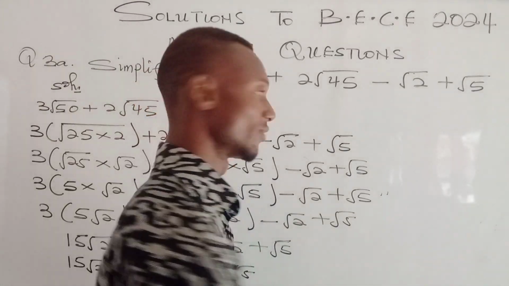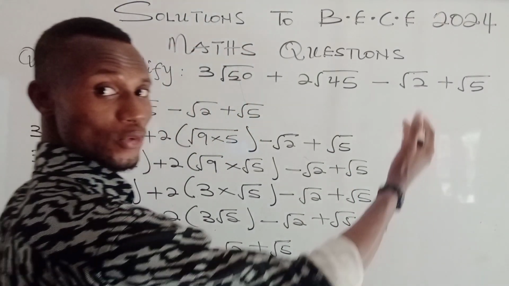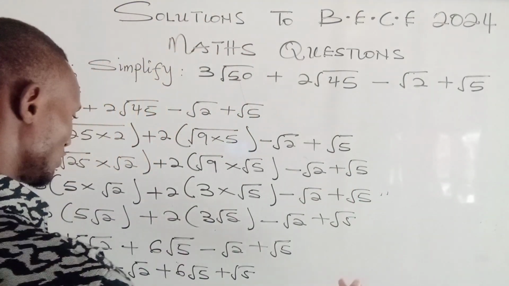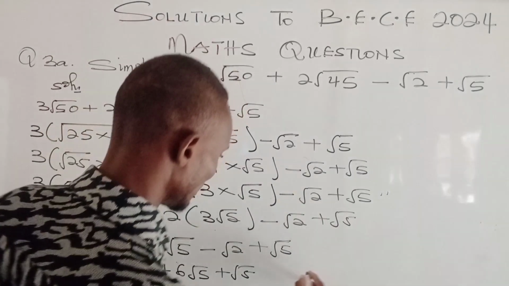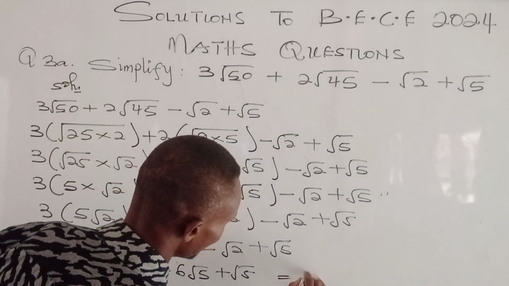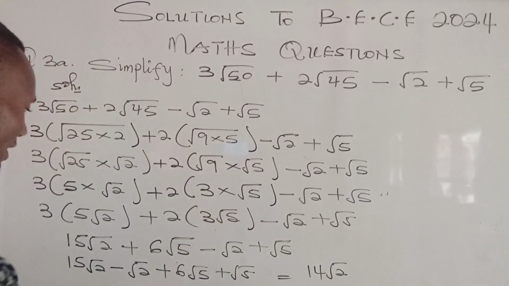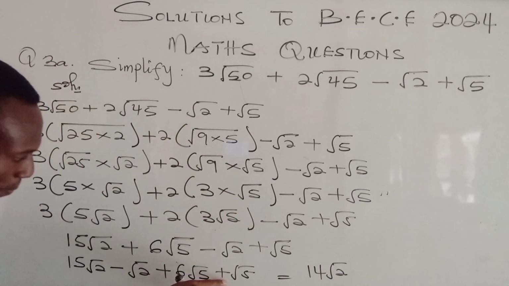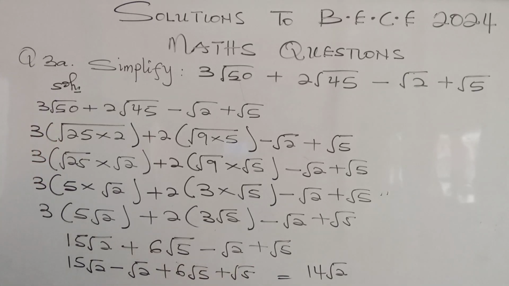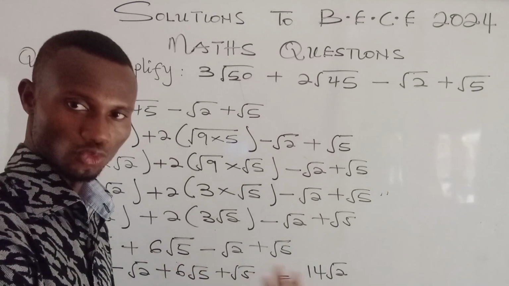I hope you understand. Let me continue from this side. So I'm going to have 14 root 2. Now this 6 root 5 plus root 5 is going to give me 7 root 5.